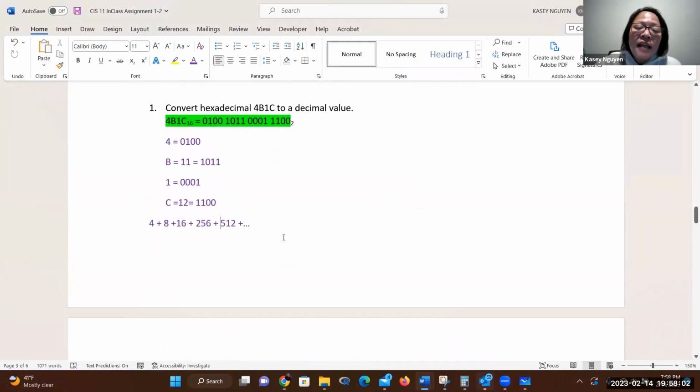You would add them up to be equivalent to the decimal. And that's how you can go from hexadecimal to a decimal. So the easiest approach is to make it into binary and use the addition method to go from binary to decimal.